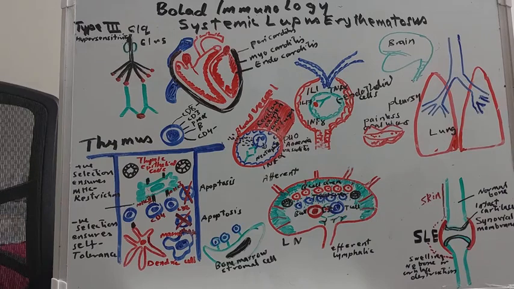So inherited deficiency of C1q will lead to accumulation of immune complexes and predispose to SLE. So deficiency of complement component number 2 increases susceptibility to get the disease.